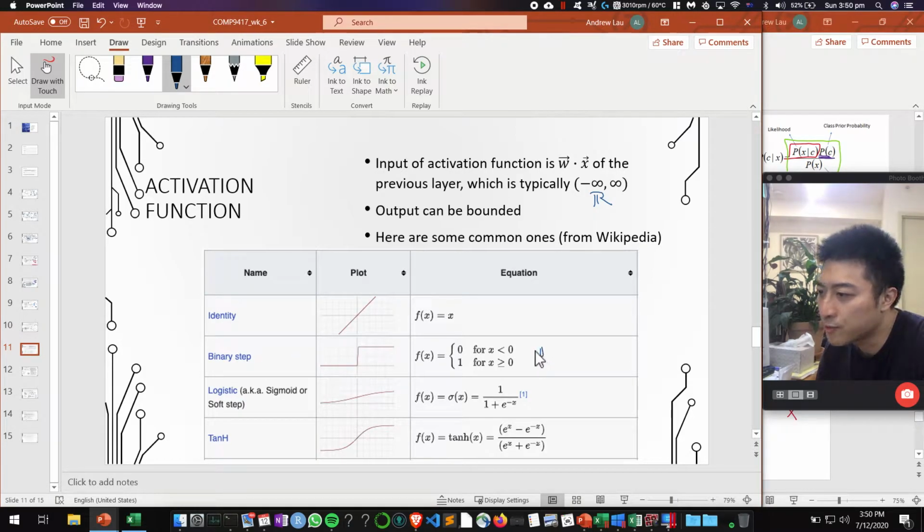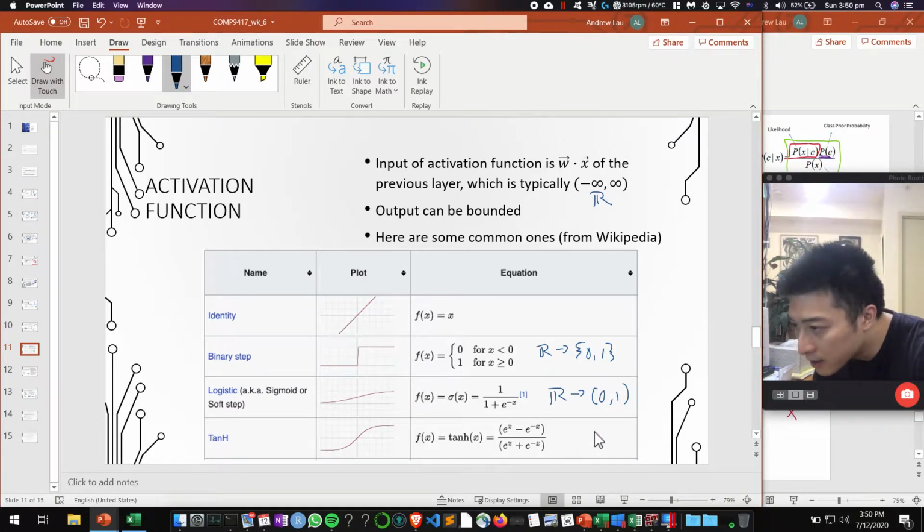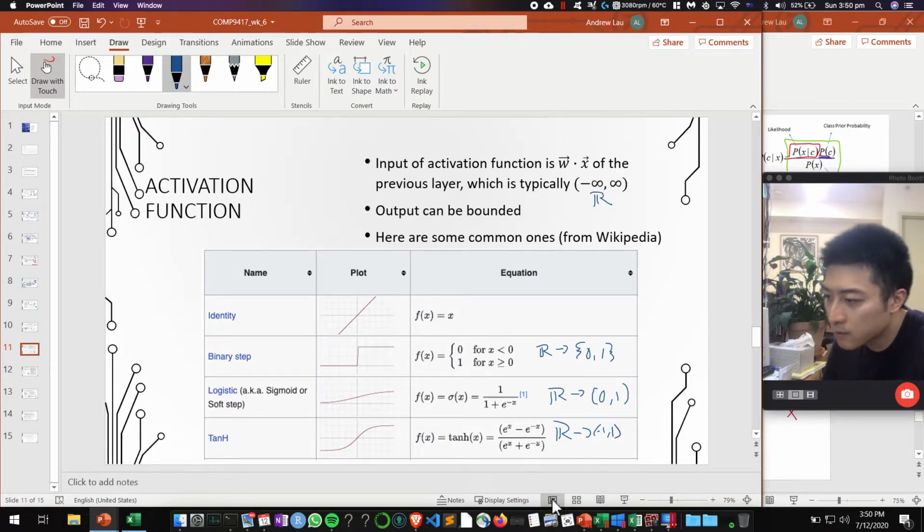This goes from real to just 0, 1. Then there's your sigmoid activation function, which we'll see in a bit. It's got some nice mathematical properties involving its derivative. And then you have your hyperbolic tan, which I think goes to this. But let me check, I could be wrong.